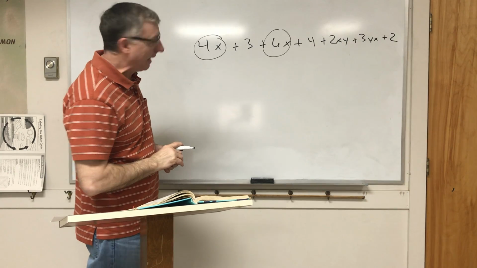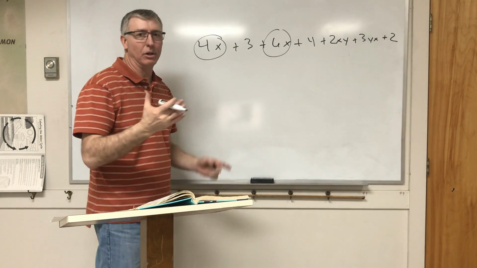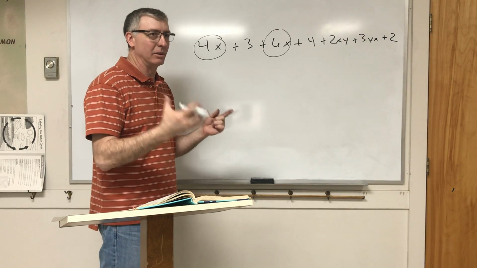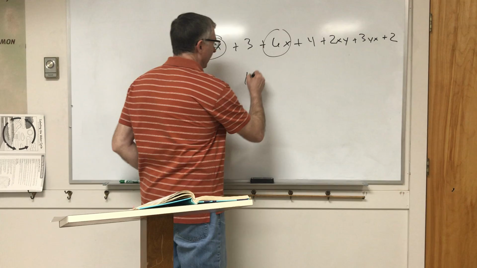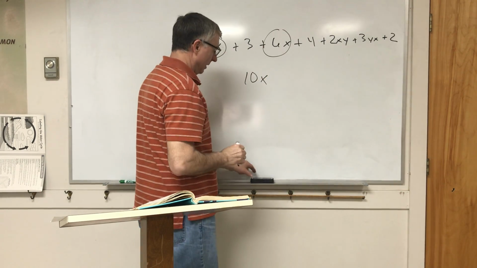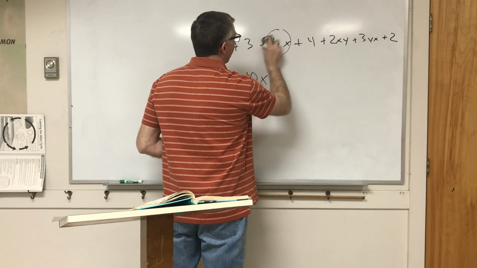And so I have 4x plus 6x, what's that? So those are like terms, the letters are exactly the same. And so I have 4 plus 6 is 10x, okay? And so I'm going to get rid of those for now.